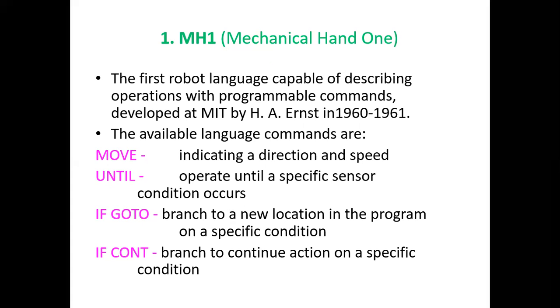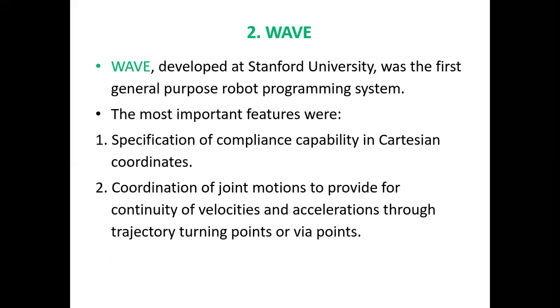The available language commands are: move, indicating a direction and speed; until, operate until a specific sensor condition occurs; if go to, branch to a new location in the program on a specific condition; and if continue, branch to continue action on a specific condition.